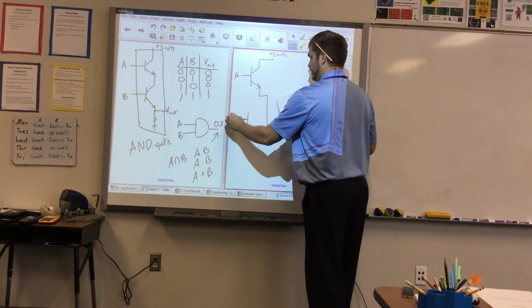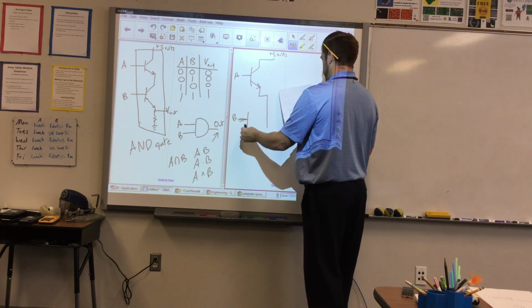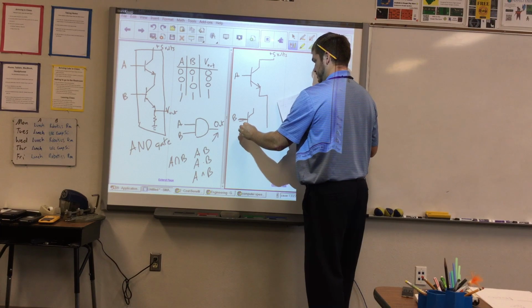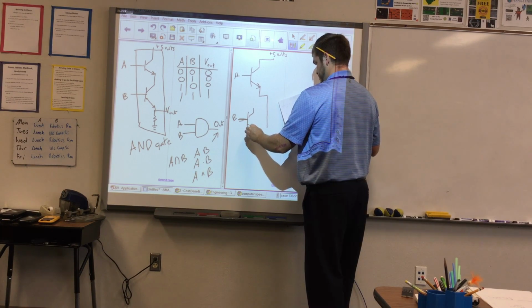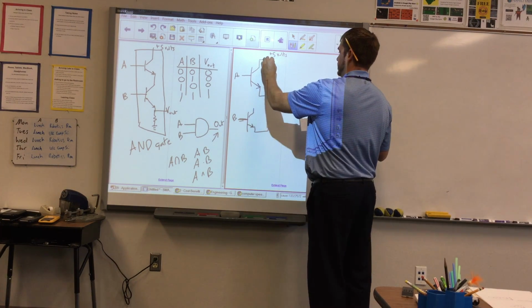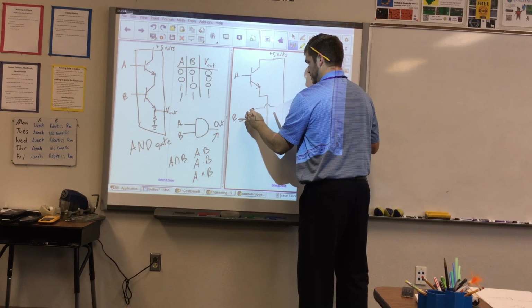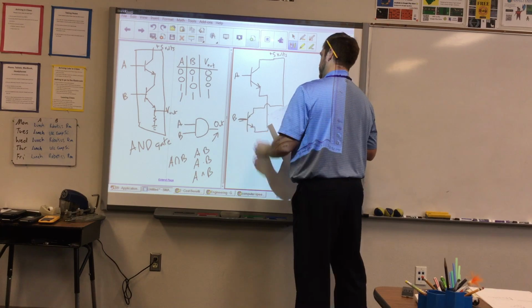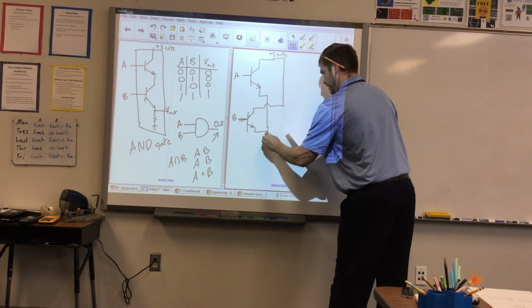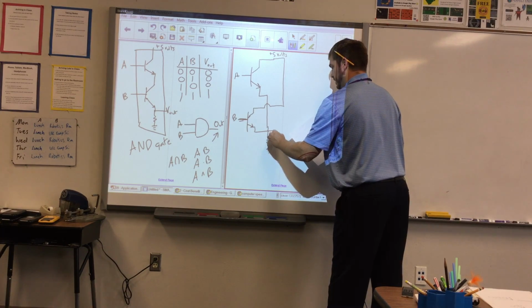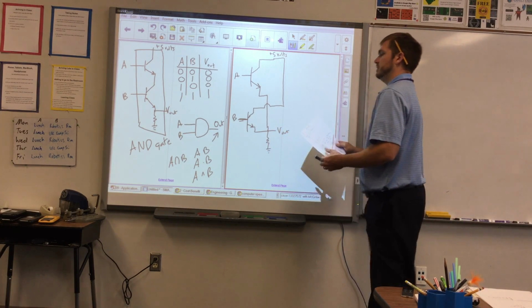Then you have your B input, just a straight line there. And this 5 volts pops over like that. And then from here, we go through resistor ground. This is our V out.